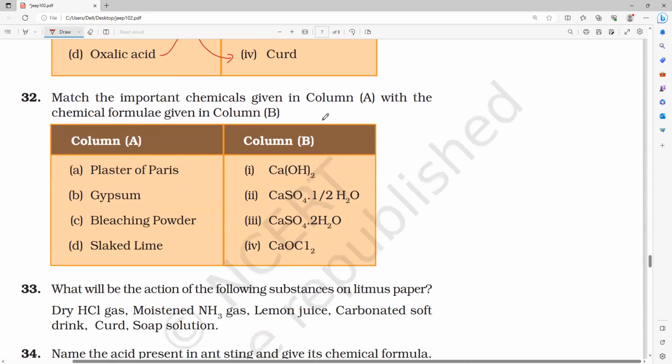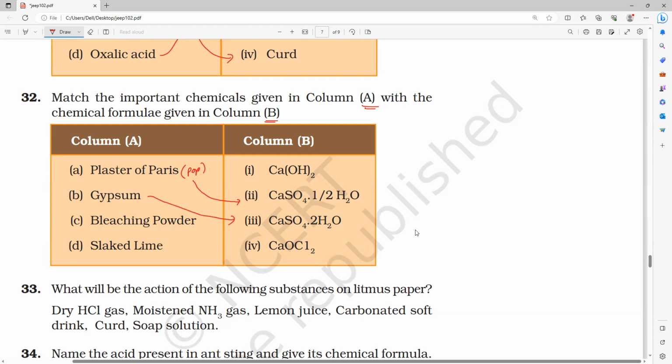Next, match the important chemicals given in column A with the chemical formula given in column B. I hope everybody has a print. Please write the answers inside itself if you are getting. Column A, plaster of Paris. We all know plaster of Paris, POP. POP means CaSO4 half H2O. Next, gypsum, CaSO4 2H2O.